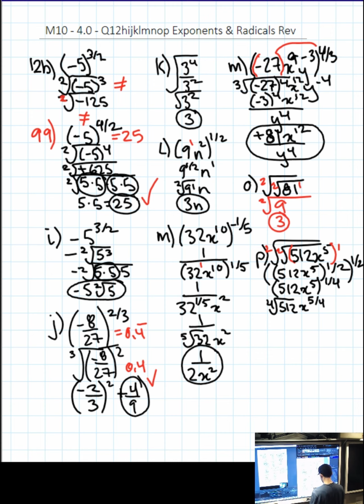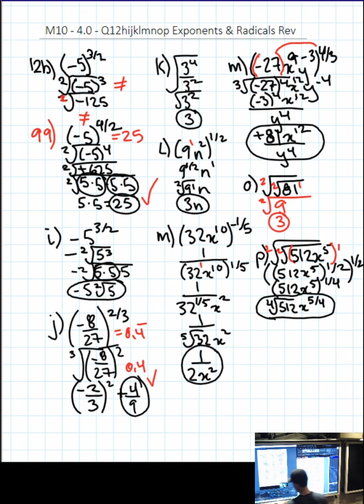And I don't get a pretty answer. So I'm just going to leave it like that. All right, square roots, radicals, changing forms, negative exponents, negative coefficients, squaring and cubing negatives, all sorts of stuff wrapped up into one.